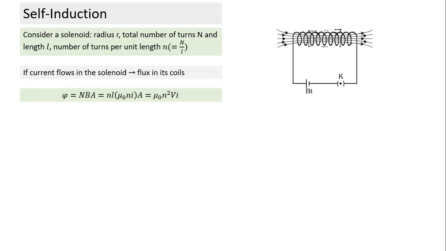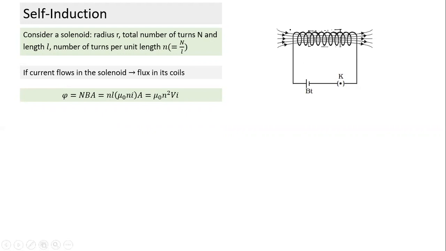It is a long solenoid. We assume the field to be constant and uniform all across the volume, all through the length of the solenoid. That's an approximation, assuming that the length is much longer than the radius.